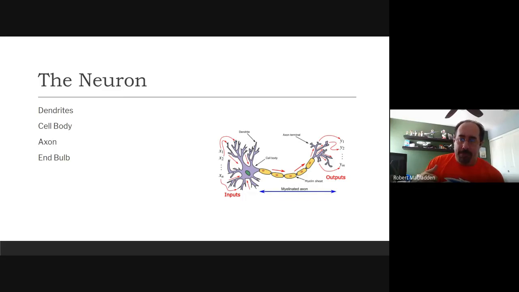Okay, so the dendrites receive the information and send that to the cell body. The cell body then sends an electrical charge down the axon to the end bulbs, which then release neurotransmitters that go to the receptor sites on neighboring dendrites, continuing the process.